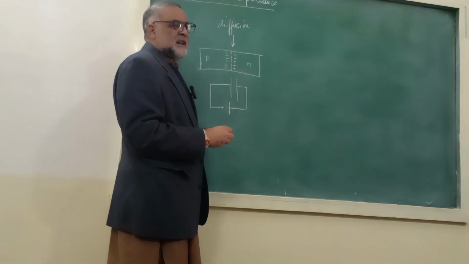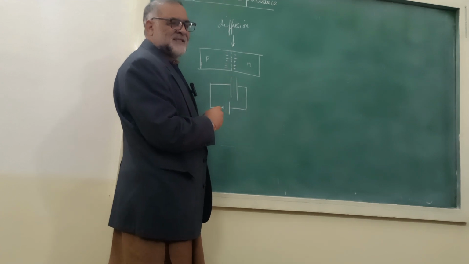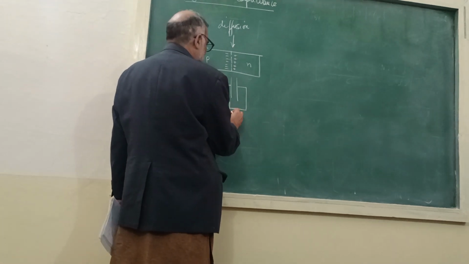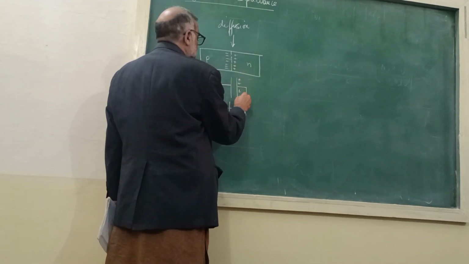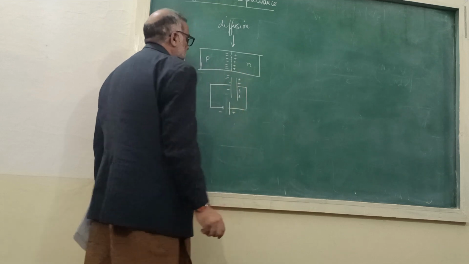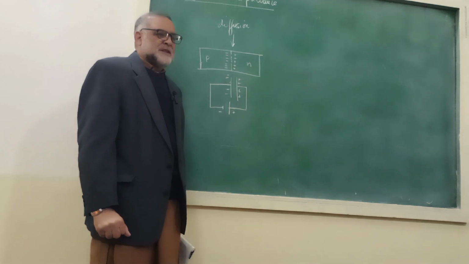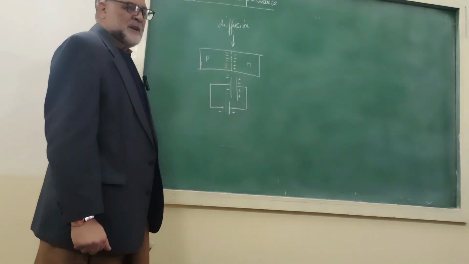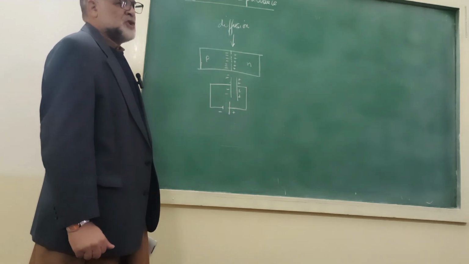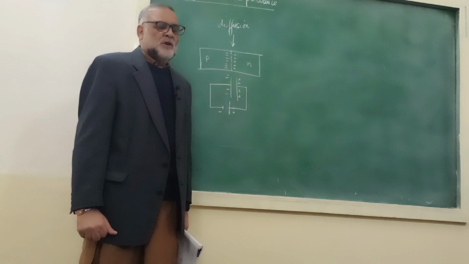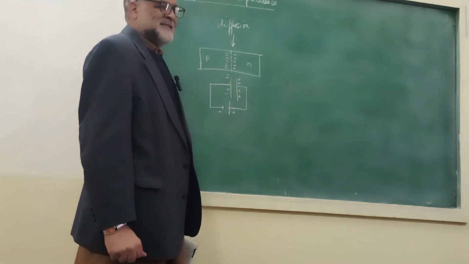If we have two plates close to each other, and you attach them to a potential difference, this side will become positive and this side will become negative, right? And we can measure the capacitance of a capacitor: how much charge per unit potential difference it can store. It's called the capacitance of the capacitor.